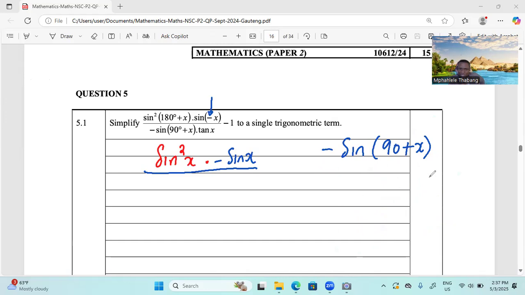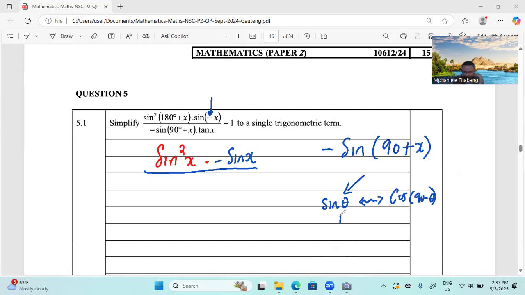You must know that the trig ratio sine has what we call a core function. Let me write this: sine of an angle has a core function, and the core function of sine is cos.